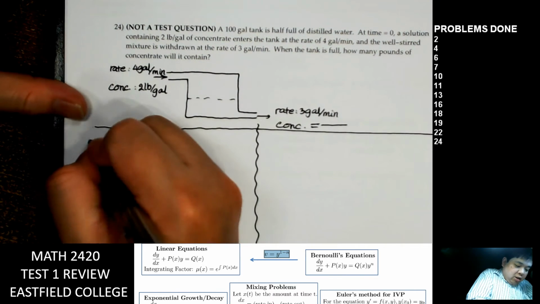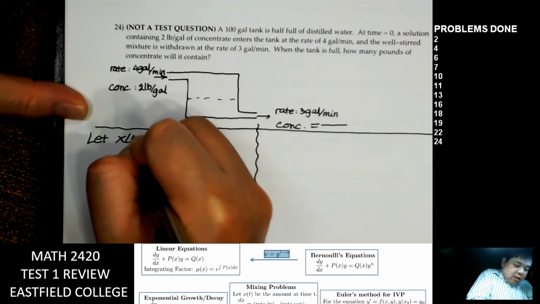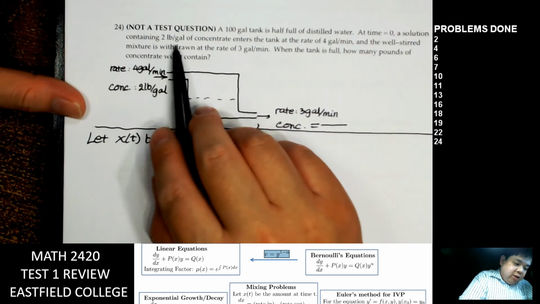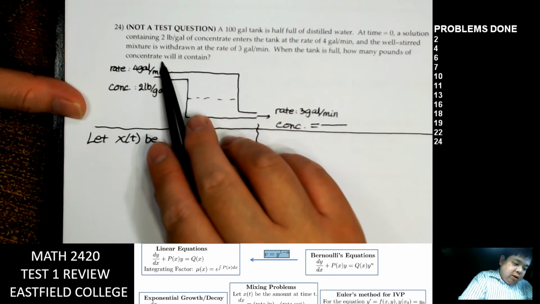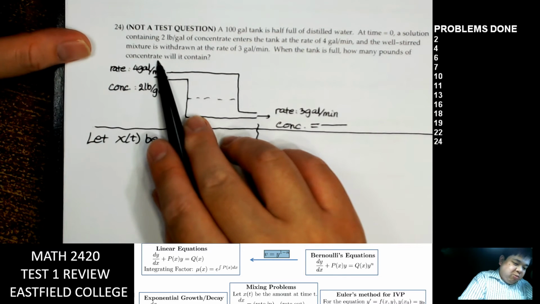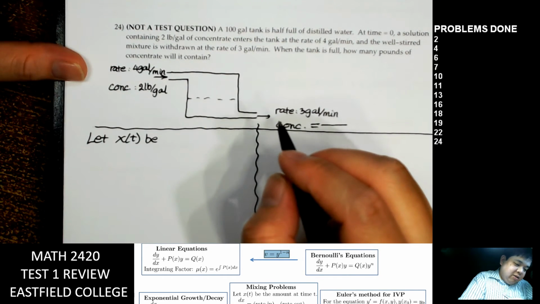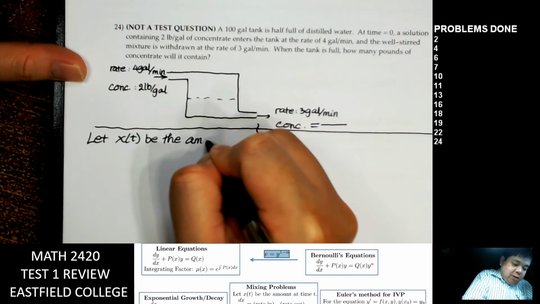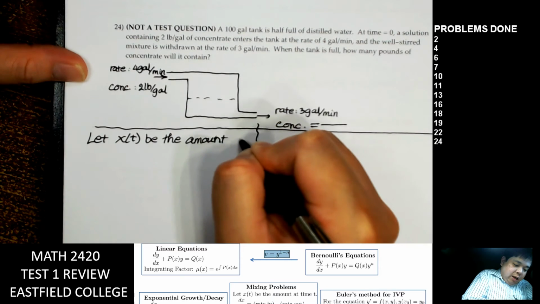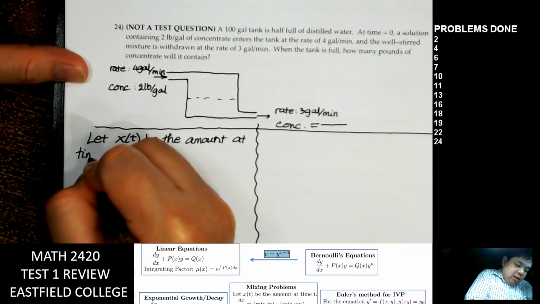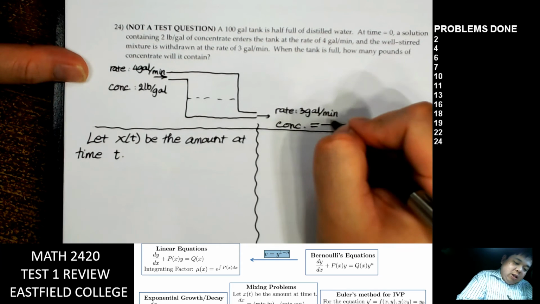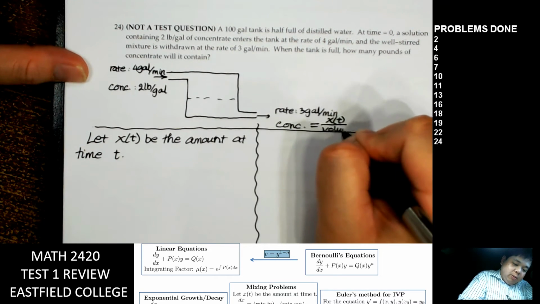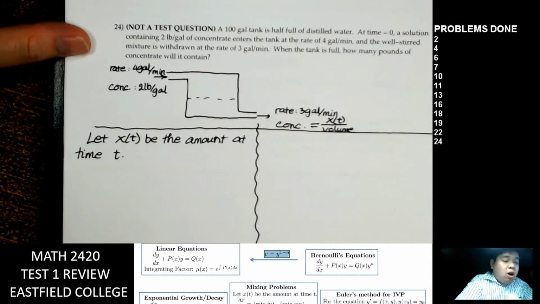Right, so let's start. Let x of t be the amount of concentrate, like salt in this case, at time t. So the concentration will be x of t divided by the volume. The volume in this case is complicated.